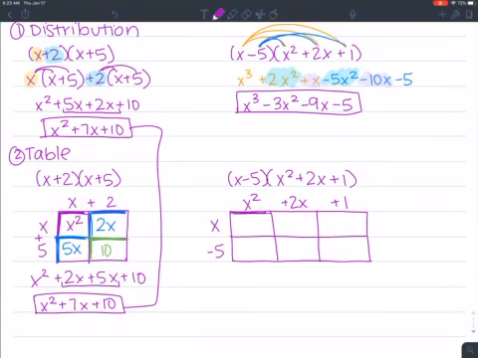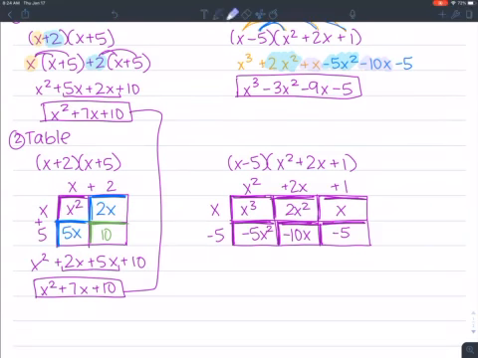So we have x squared times x is x cubed. 2x times x is 2x squared. 1 times x is x. X squared times negative 5 is negative 5x squared. 2x times negative 5 is negative 10x. And then 1 times negative 5 is negative 5.